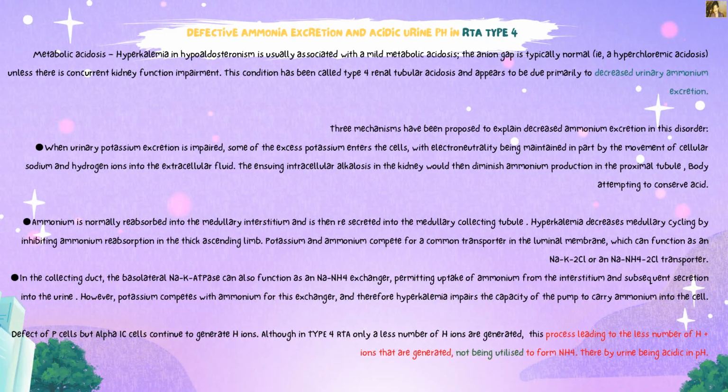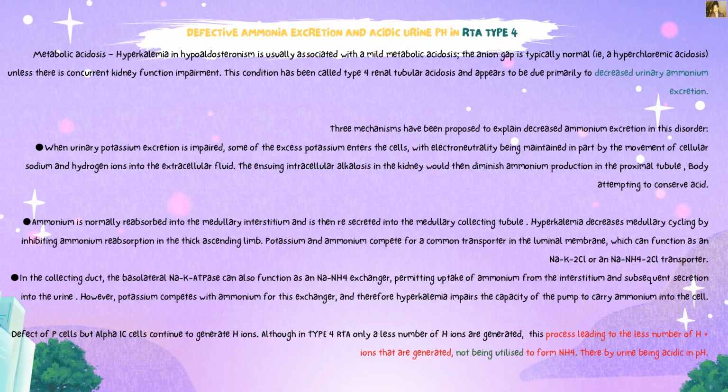Thus you have a situation where you've got intracellular alkalosis and the kidneys trying to respond appropriately by conserving the acid in the body, thereby decreasing the ammoniagenesis and decreasing the excretion of acid to neutralize the intracellular alkaline environment. That's the primary mechanism of decreased urinary ammonium excretion.